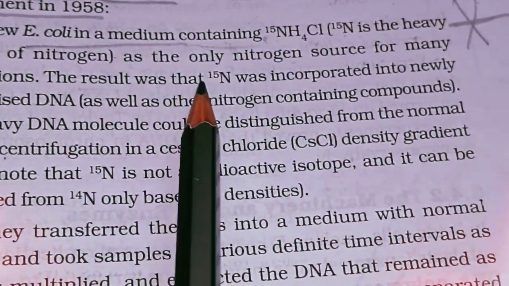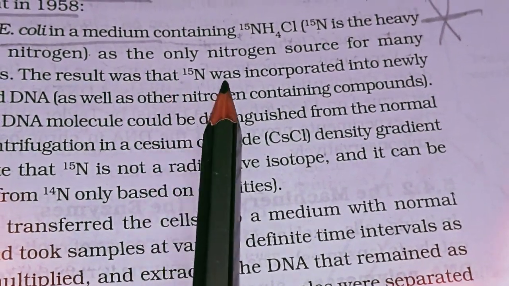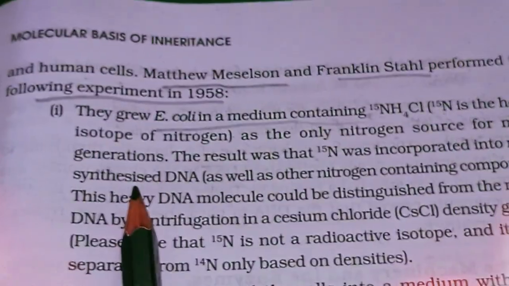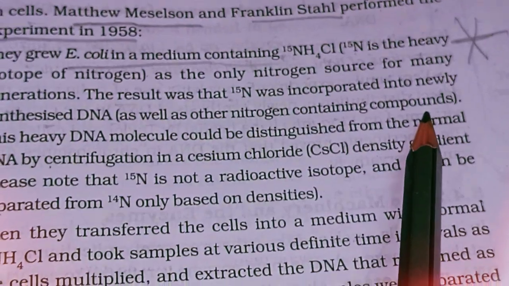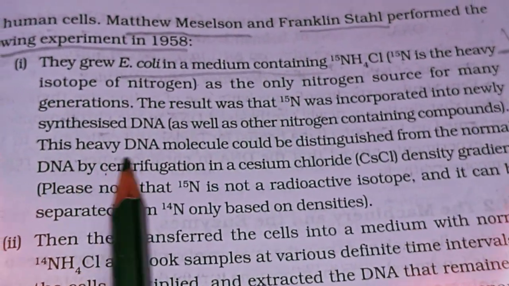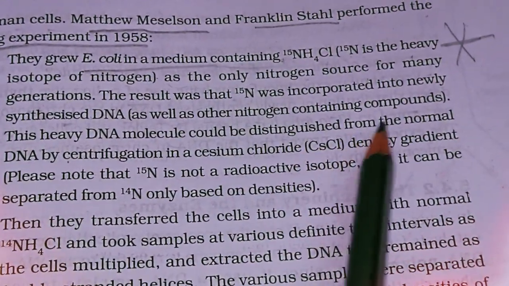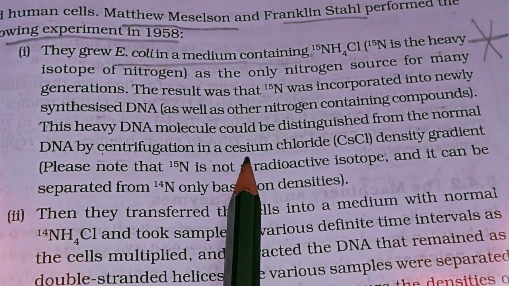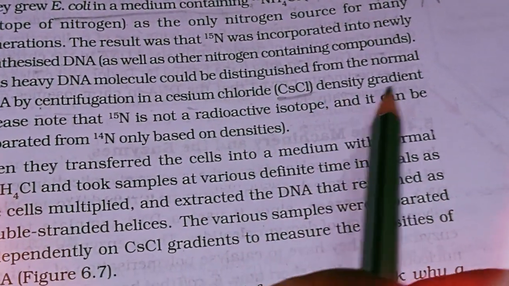The result was that 15N was incorporated into newly synthesized DNA as well as other nitrogen-containing compounds. These heavy DNA molecules could be distinguished from normal DNA by centrifugation in a cesium chloride (CsCl) density gradient.